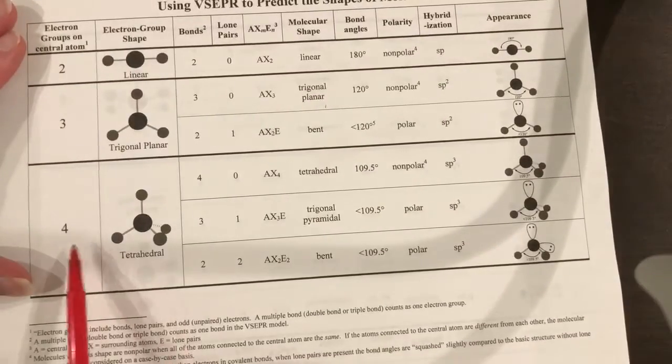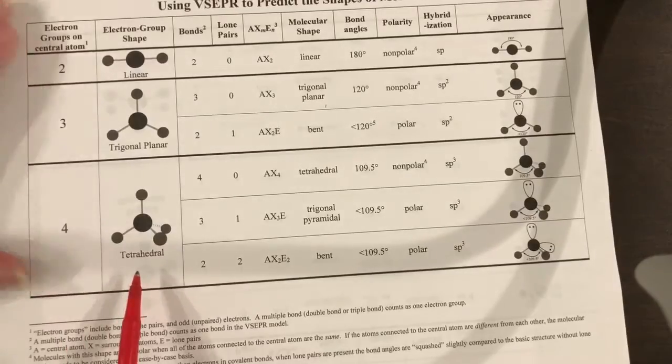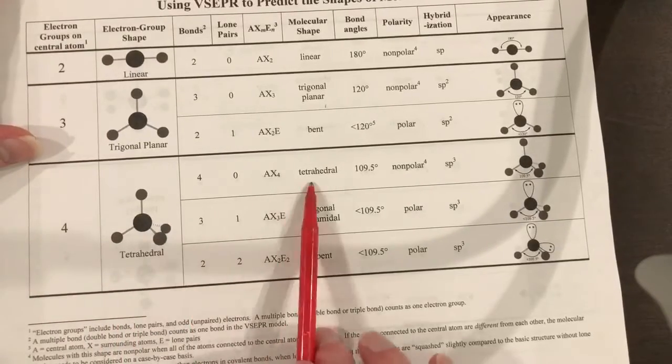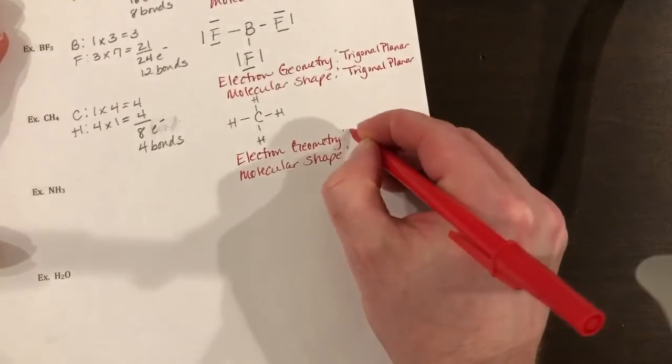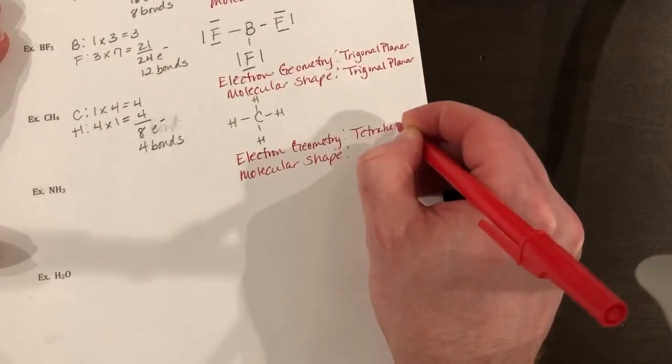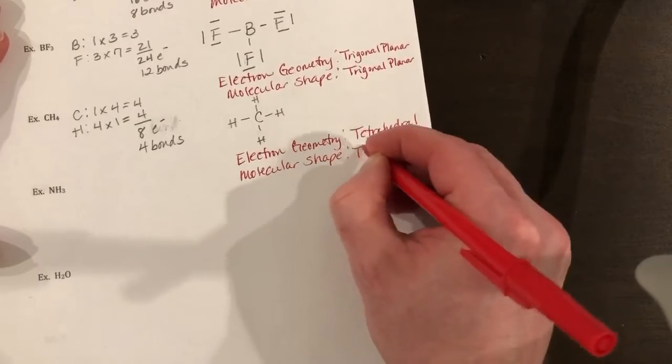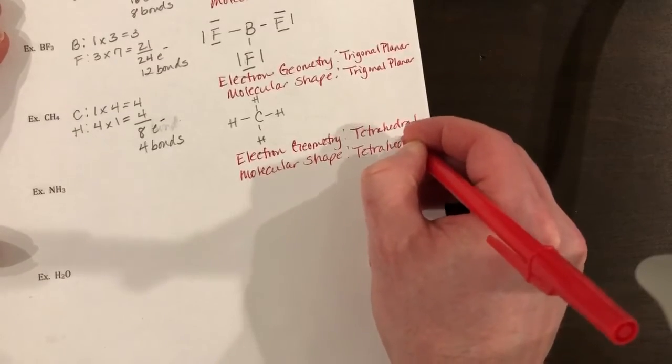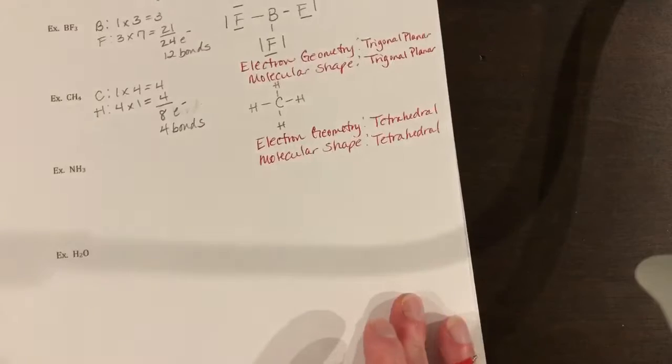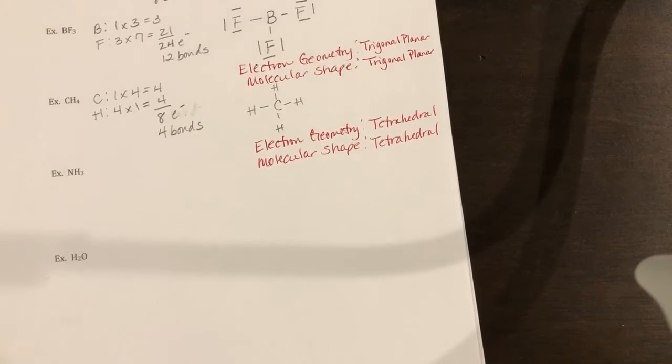So if we have 4 bonding domains, it's going to be tetrahedral. And then our molecular shape is going to be tetrahedral. Okay? So we've done some pretty easy ones so far where they've been the same. So let's do one that's a little bit different.